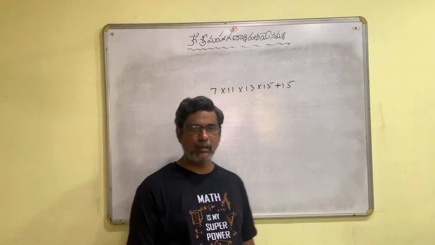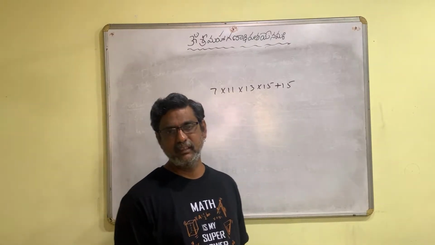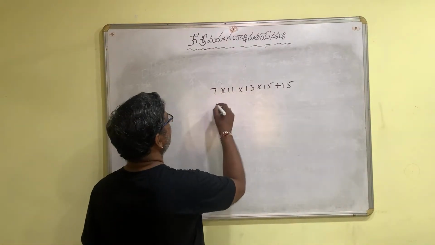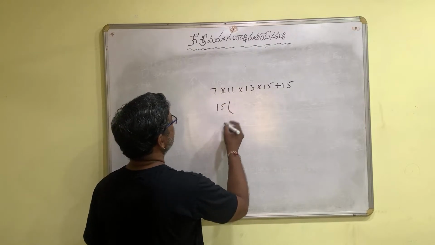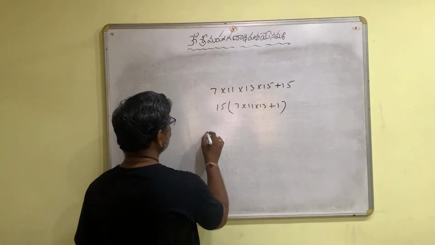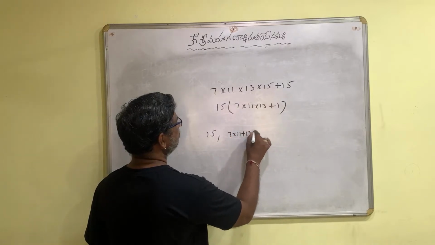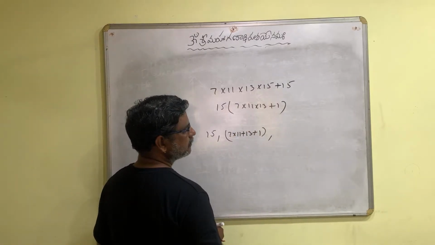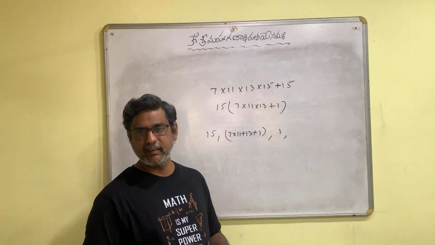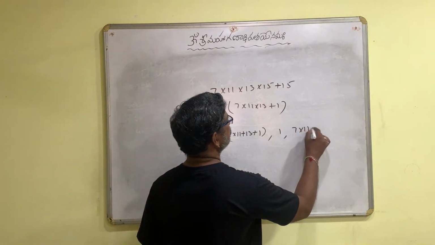It is a composite number, right, because it is having more than two factors. How can we know that it is having more than two factors? You can take 15 common, remaining is 7 into 11 into 13 plus 1. So 15 is one number, 7 into 11 into 13 plus 1 is another number. 1 is a factor of every number, and the number itself.